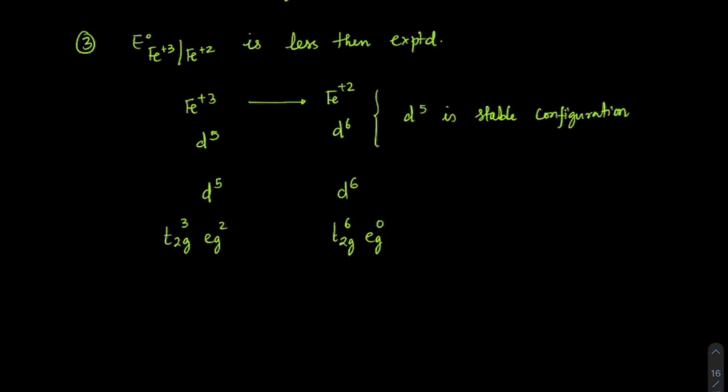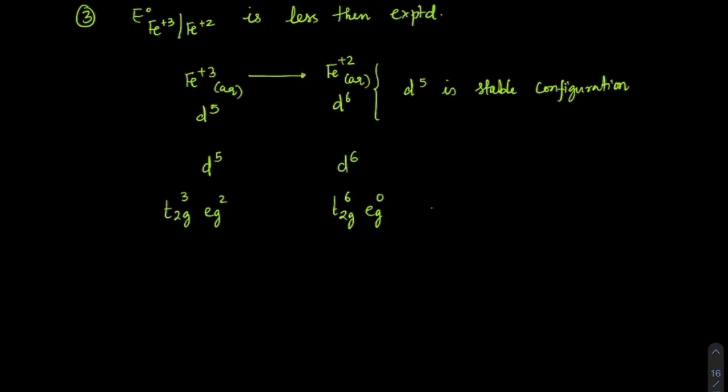But the problem is, we are only talking about aqueous solution, right? So if it is aqueous solution, H2O is a weak field ligand. So which is more acceptable here? This is not acceptable. Rather, T2G4 and EG2 is acceptable, which is not a very stable configuration. So where does it want to stay? It would like to stay more in this form. I hope you understood that logic.